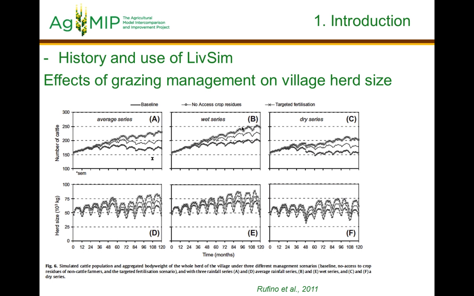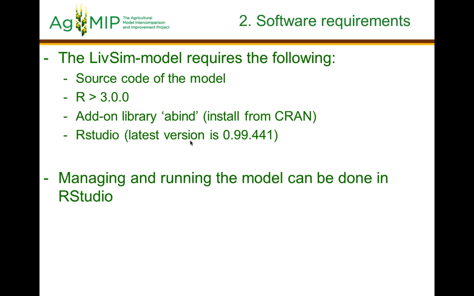Again, we're looking at different scenarios of weather, average weather, wet years and dry years, and then different management options of the crop residues. Again, you clearly see the seasonal variation, and you see also a difference between the different feeding scenarios.